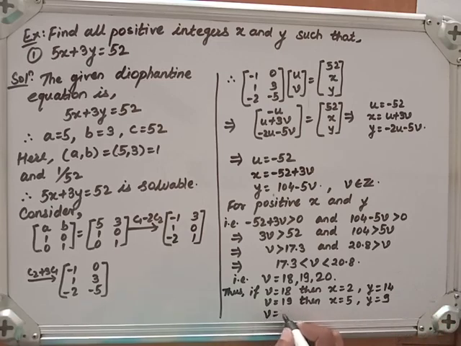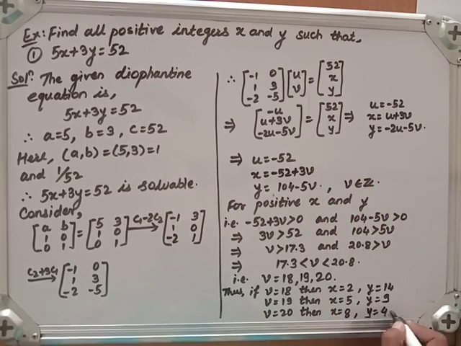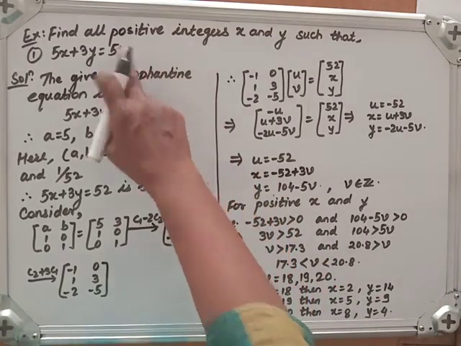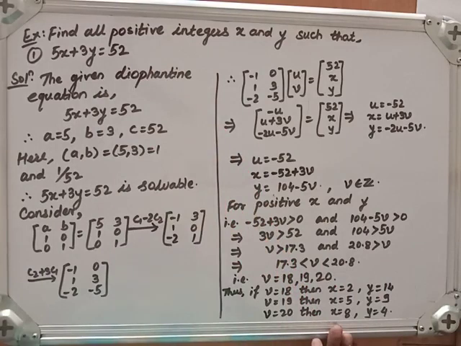Again, v equal to 20, then x will be 8 and y is 4. So these are the positive integers x and y which satisfy this Diophantine equation.